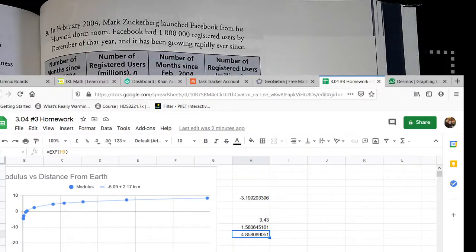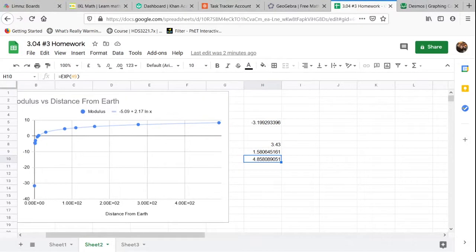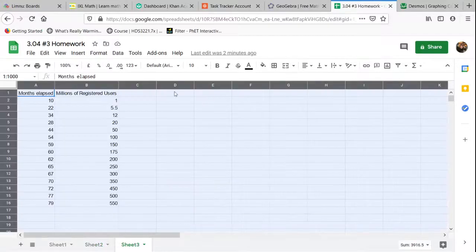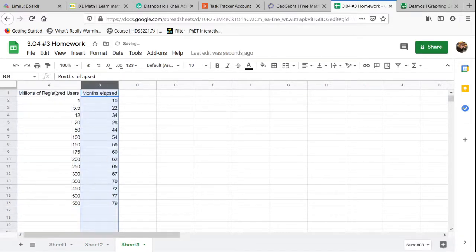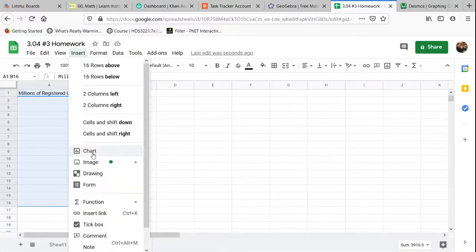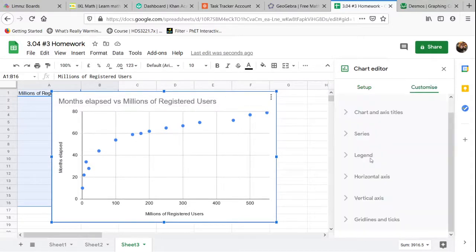So we are going to do this in 3 stages. That's why it didn't work. I had the wrong one selected last time. Okay. So again, we want the millions of registered users to be our x-axis. So I'm just going to flip our data set around, which is something the spreadsheet allows us to do, so that when we graph it by default, our x and y are there, and it looks like a logarithmic plot.